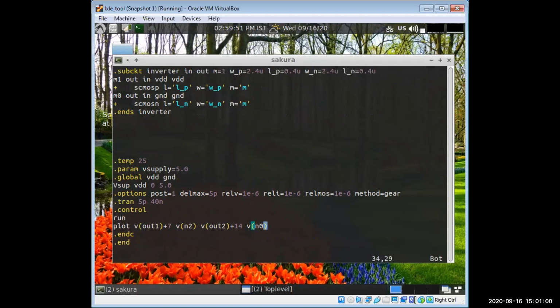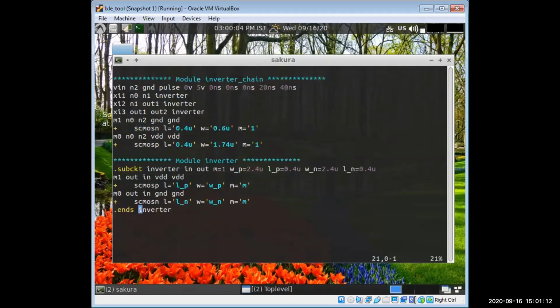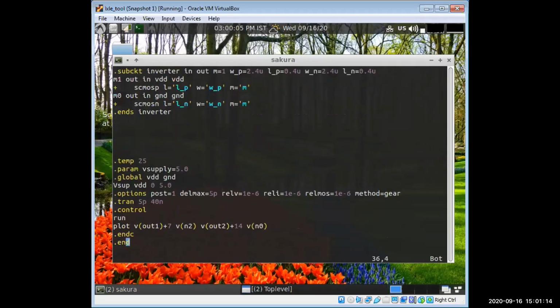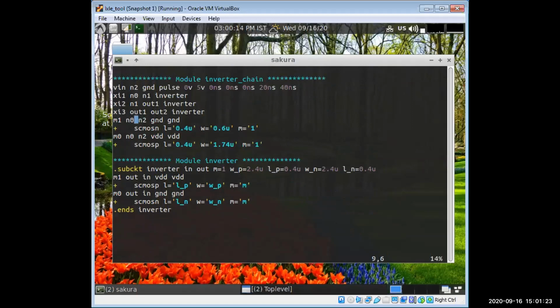And this is the output of node 1, then the input which is connected to node 2. You can see here N2, and then the output 2, and then N0. N0 is connected here. You can see it connected to the output of the first inverter.